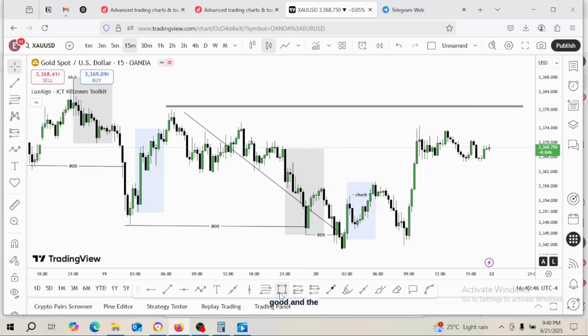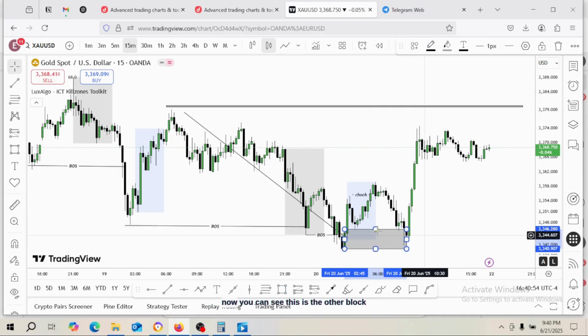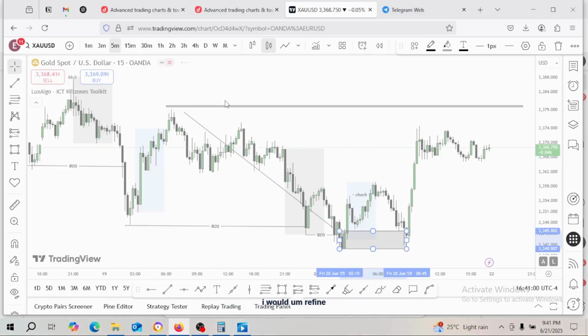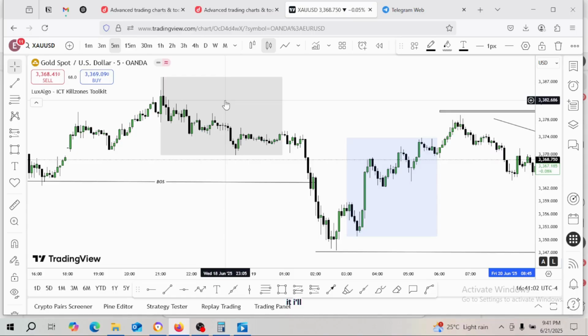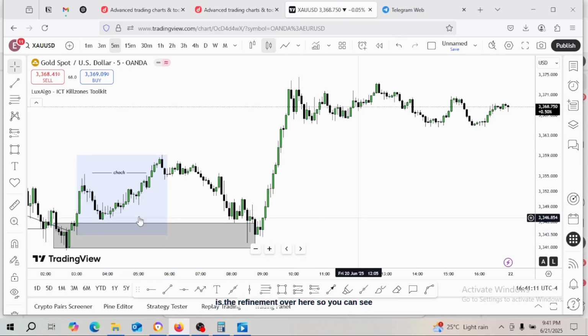And the low that was responsible for this market structure shift is this low over here that was created by the London session. And now you can see this is the order block at this area. If I go down to the 5 minutes time frame, I would refine it. This is the refinement over here.